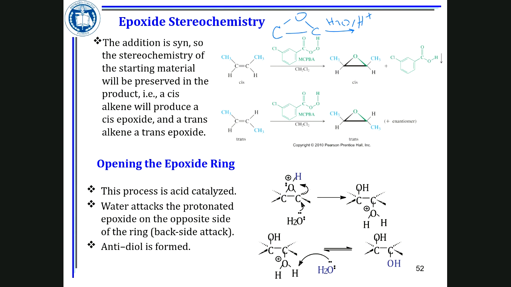If you add H, you already have oxygen, so this is going to change to OH, and then you're adding OH. So basically, the product is going to change to a diol. You get OH and OH. This is called ring opening of epoxide. You start with epoxide, and then you add water, you hydrolyze it, and it's going to change to diol.